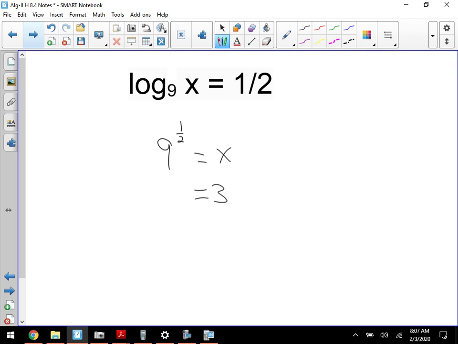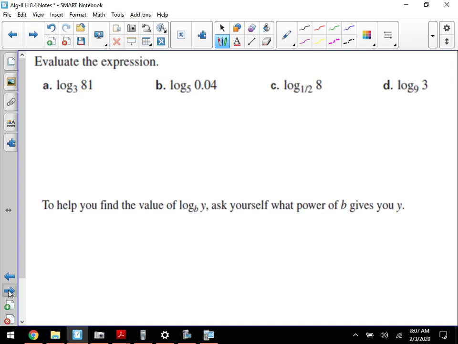Okay? Again, it's not very difficult. It's pretty straightforward. We do a lot of this evaluation stuff where they're going to ask us to evaluate the expression, which basically means we're going to do all this non-calculator. So what's being asked is log base 3 of 81. That means you keep going back and forth between log form and exponential form.